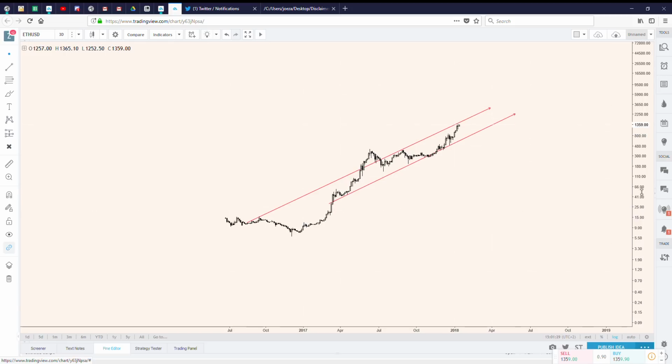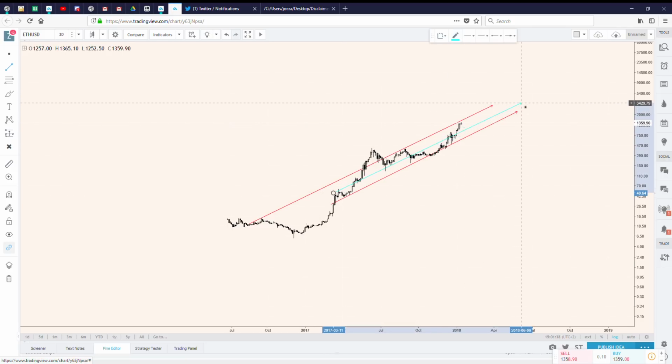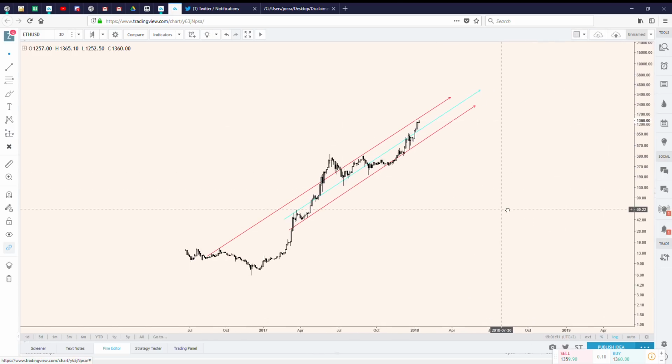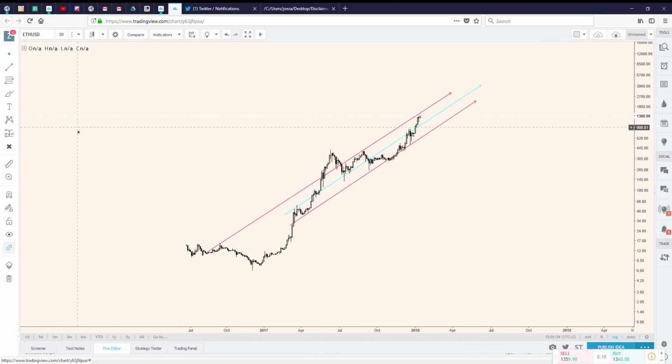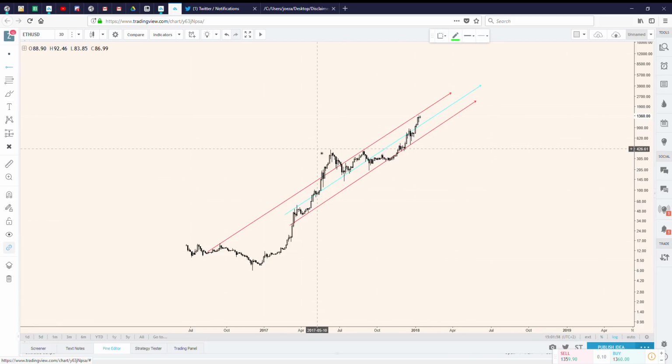Okay, and I always like putting a mean line in another color, just to see areas of maybe micro support. And it doesn't have to be 100% accurate. Remember, I said that this is very subjective while you're drawing the chart, but the way that I interpret it makes a lot of sense to me. What I then do is put in my areas of support.